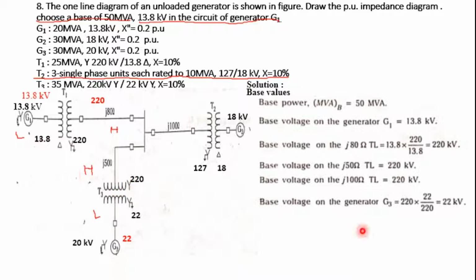So we have 220, already we know that, into 22 divided by 220. The 220 will get cancelled, giving 22. So you can see here the actual value is 20 and the new value is 22. So this is quite a difference. Similarly, for the transformer T2.